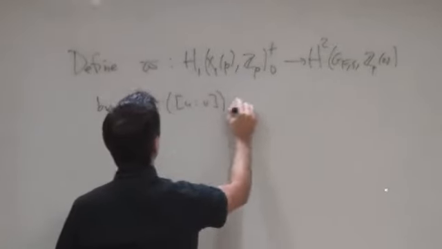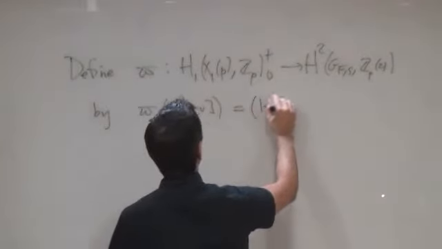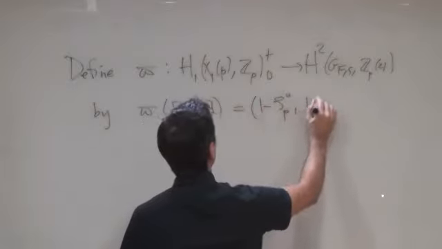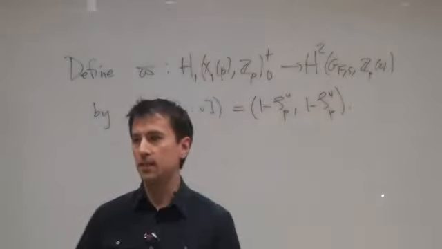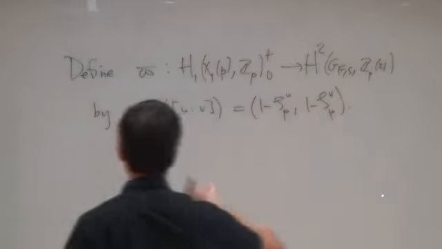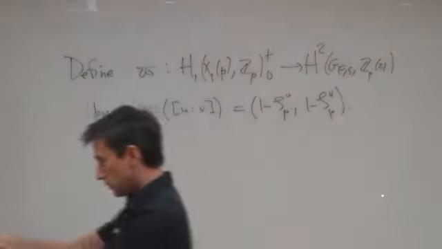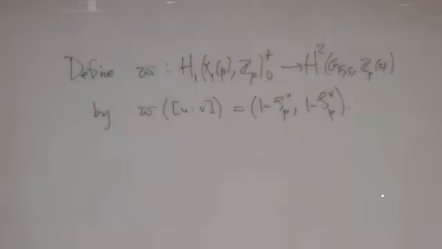Now u and v are both non-zero, which is important, and that makes sense because those numbers only matter mod p. And since it satisfies all the relations, I have such a map.